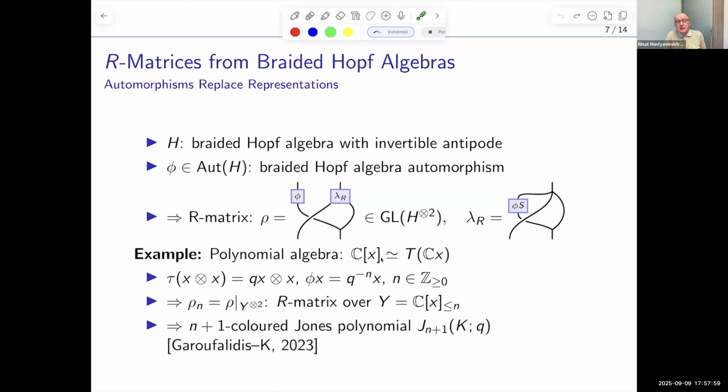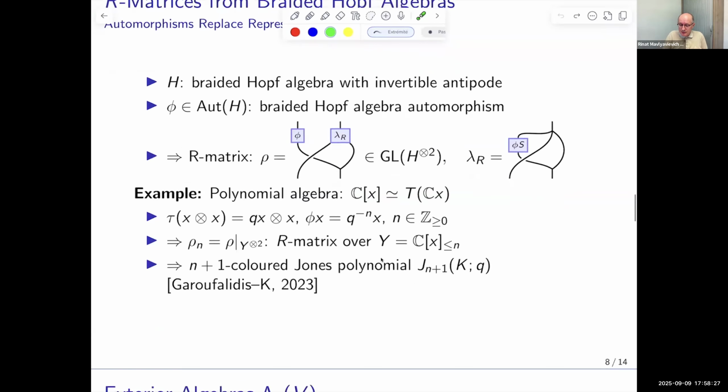Automorphism means that it is not just an invertible linear map. It should respect all structural maps, including the braiding. And what is important to remark is that in practice, the choice of the automorphism plays the role of choosing a representation in the traditional approach.